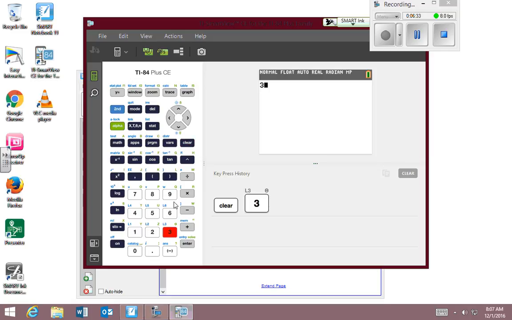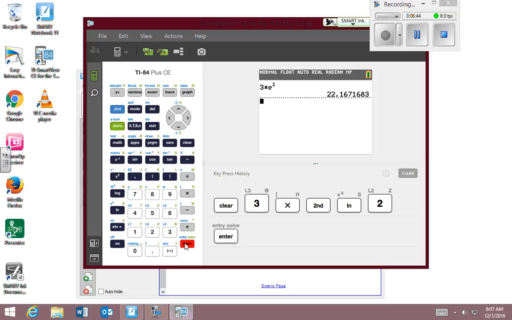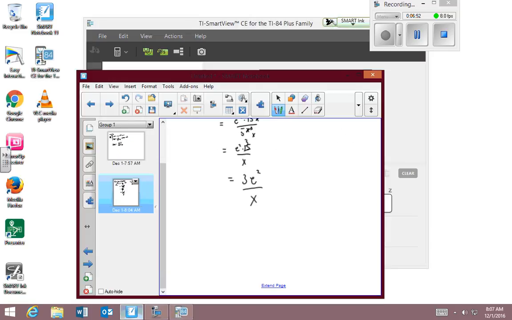If you do 3 times e squared, that's about 22.17. Correct. And that's an approximation. As far as I'm concerned, this is the preferred answer. I don't know if the book would do the 27 over.